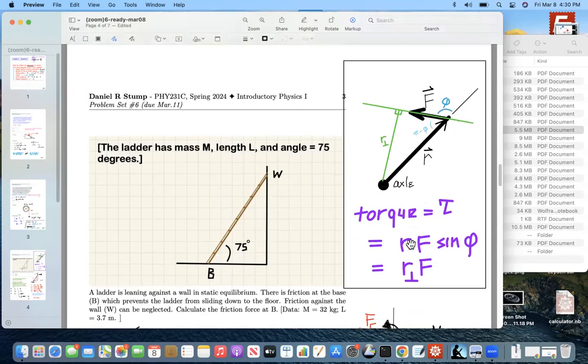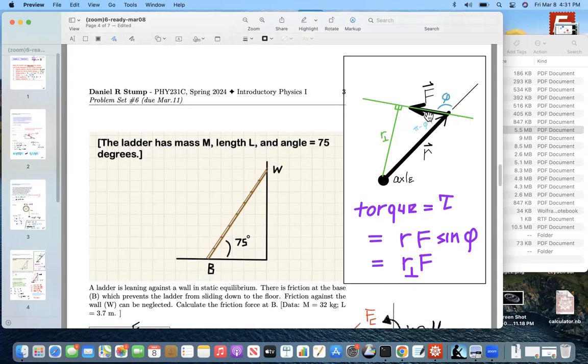So torque is R F sine phi, where phi is the angle between the R vector, the position vector, and the force vector. Now this angle here is 180 degrees minus phi, and the sine of 180 minus phi is the same as sine of phi.